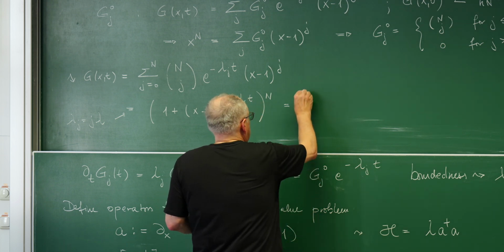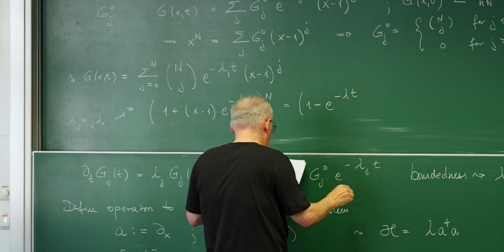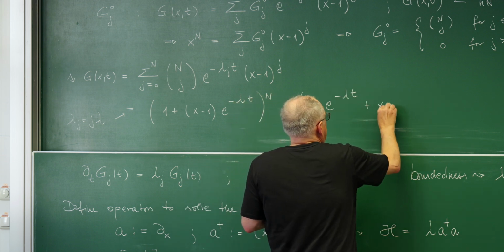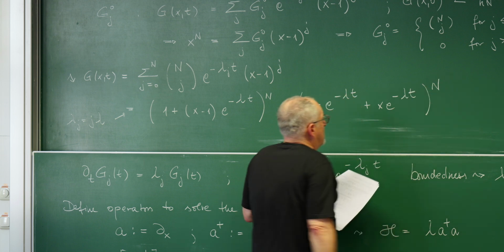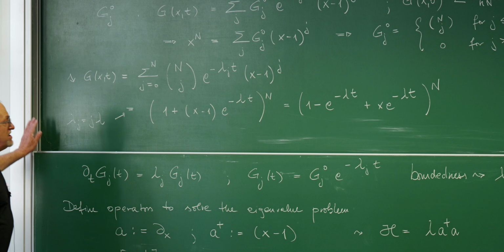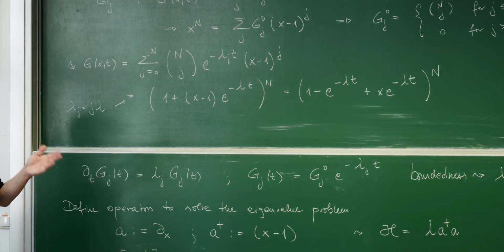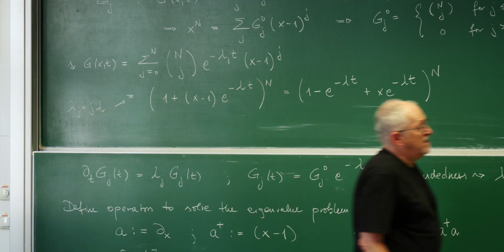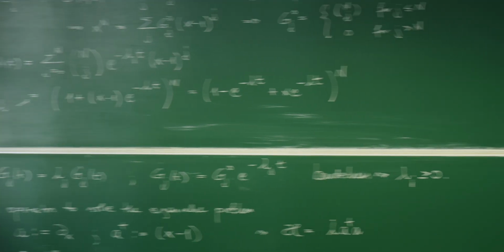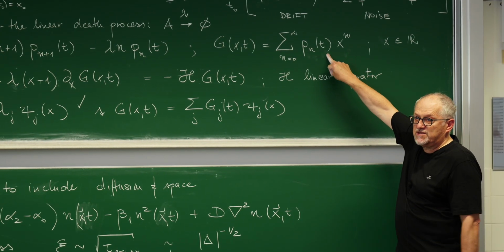And that here I can write as (1 minus e to the minus lambda t plus x e to the minus lambda t) to the power N. If that's my generating function, that's what you get. Now you either know from other means that this is the generating function for a linear death process as we calculated it earlier, or you say, I want to actually derive those p_n(t)'s from that general expression.